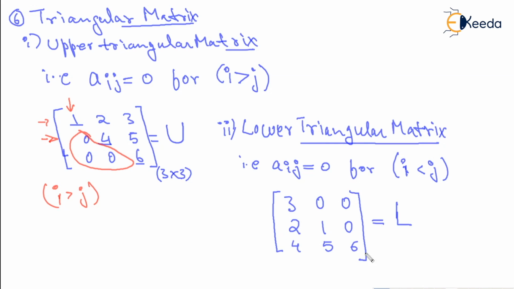So you can see the elements like this, all elements above the diagonal elements are the upper off-diagonal elements, which are to be 0. So this is A12, A13, A23. So for all these conditions, we are getting i to be less than j, right? So this is your lower off-diagonal element, and these are, for the same condition already mentioned, i less than j.